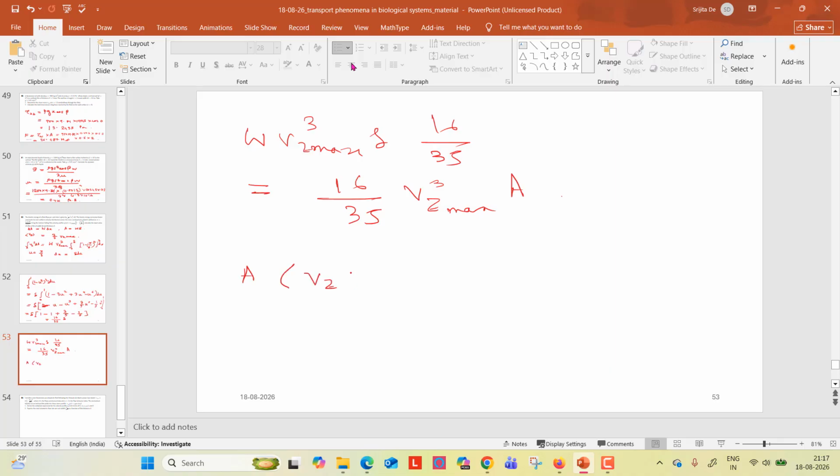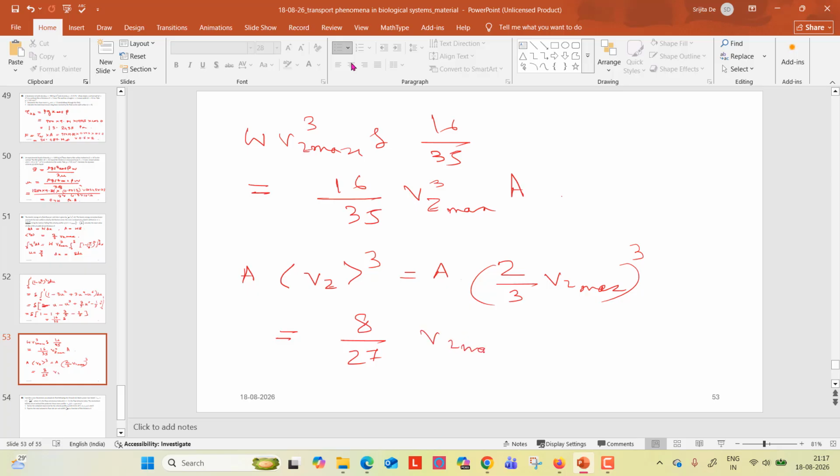We know Vz cube means 2/3 Vz max cube, right? So it is coming as 8 by 27 Vz max cube into A.